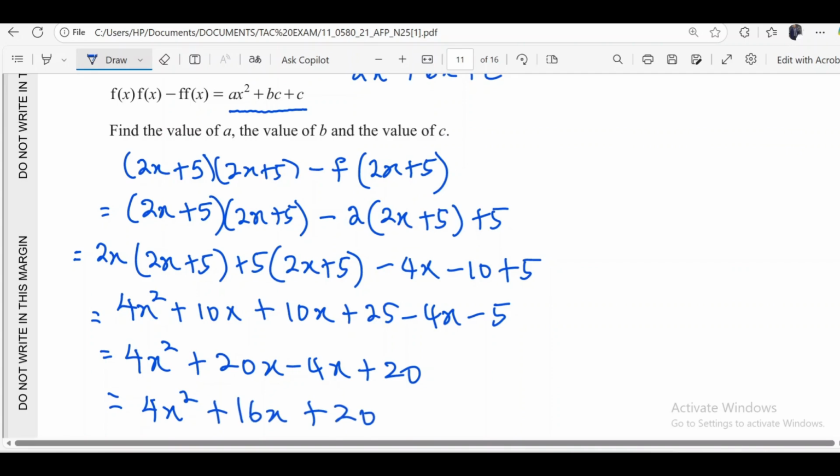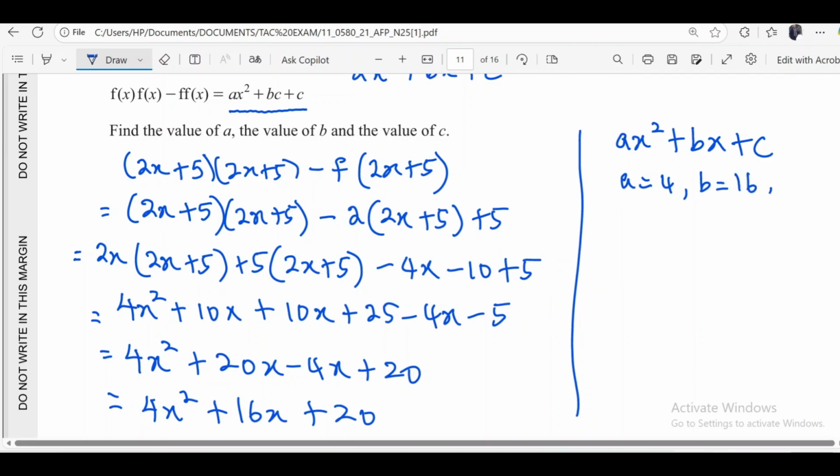And then suppose we want to bring out the values of a, b, and c. Here you are meant to have a as 4, b as 16, and c as 20.